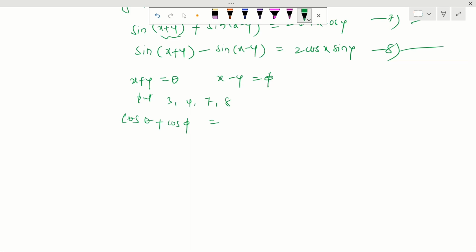Here again I am simplifying this one. So x plus y is equal to theta, x minus y is equal to pi. What about x here?